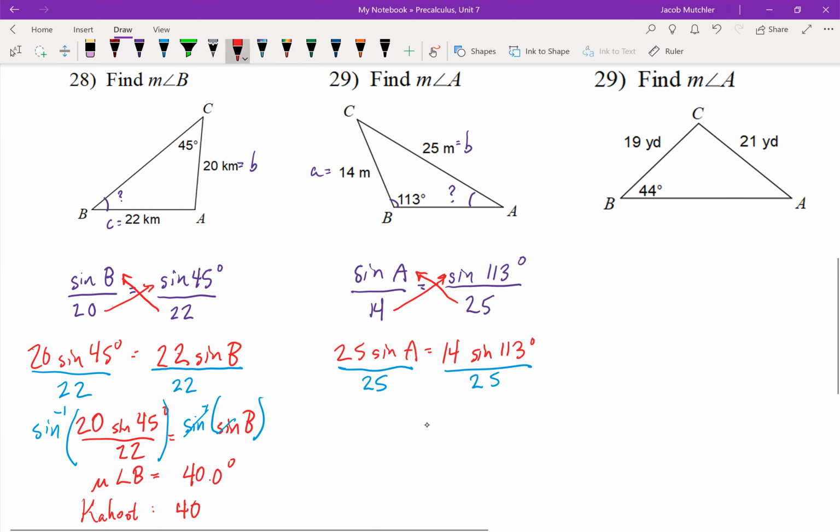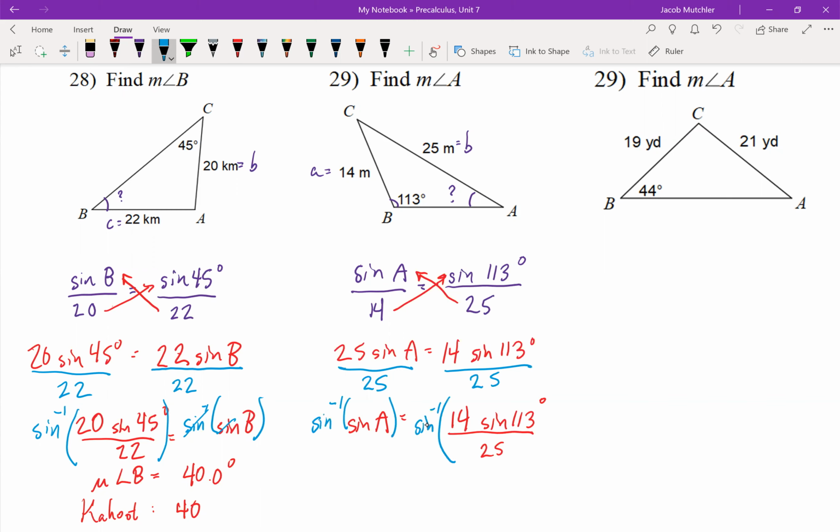And that's going to give me sine A equals 14 sine 113 degrees over 25. So our same strategy here is going to apply. To cancel the sine function and solve for A, I'll apply inverse sine. You always want to apply inverse sine whenever you're looking for an angle measure.